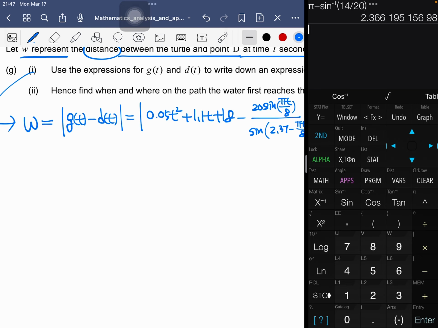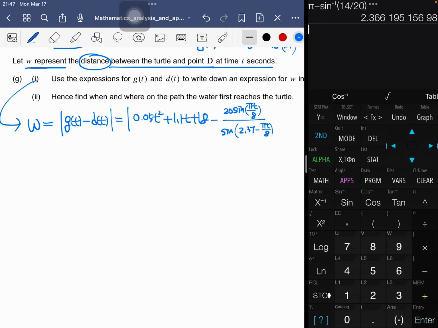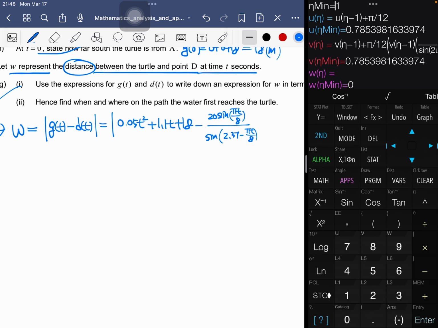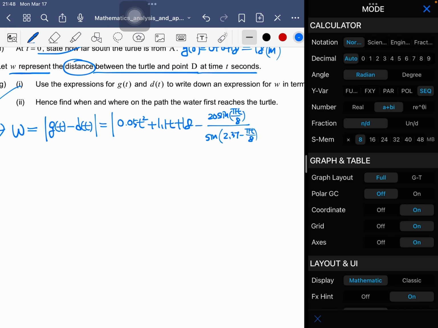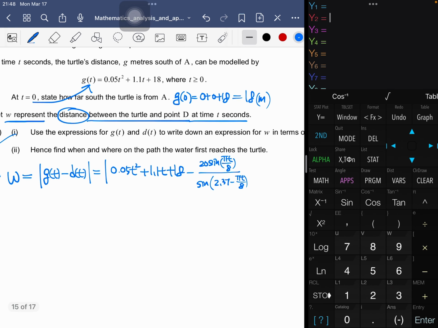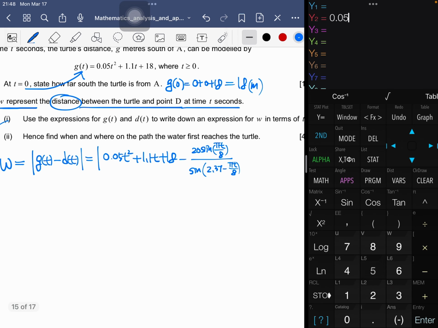Next, find when and where on the path the water reaches the turtle. In the calculator, go to function mode. The first function is 0.05 x squared plus 1.1 x plus 18. This is y1, the position of the turtle.